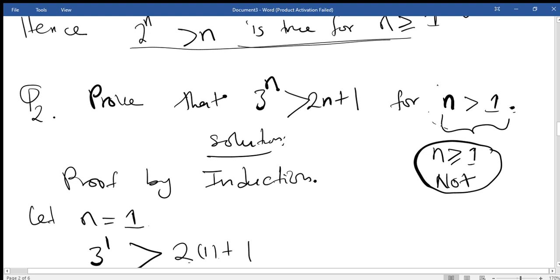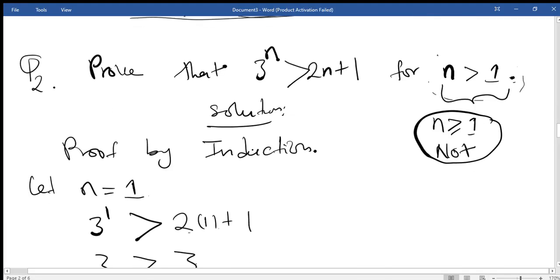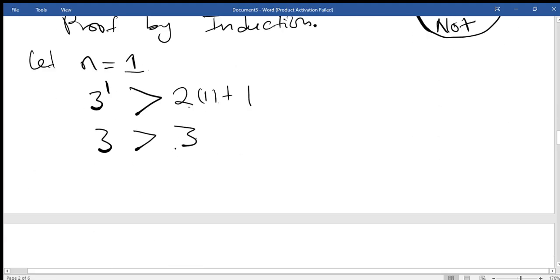The base step will not be n equal to 1 because if we use n equal to 1, the inequality does not hold. This is just 3 greater than 3. This is not greater than 3. It is equal to 3. So the appropriate base step here will be letting n be equal to 2, and not this.